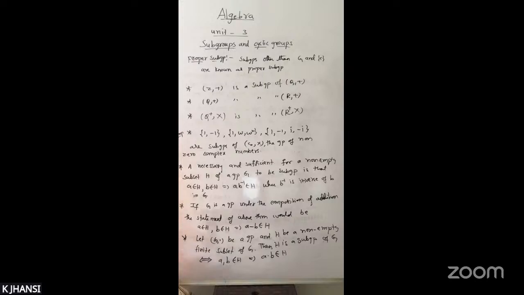If you take one subgroup as H and another subgroup as K, these two are subsets of set G. Then if you take the intersection of them, that means H intersection K. Here we are taking two subsets now. So H intersection K is also a subgroup of G. So whatever resultant you are getting as the intersection, that is also a subgroup of G. That is the intersection property of subgroups. So this theorem is very important. It is regularly asked.